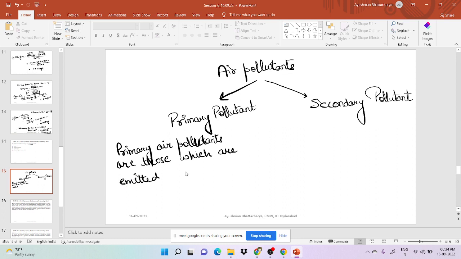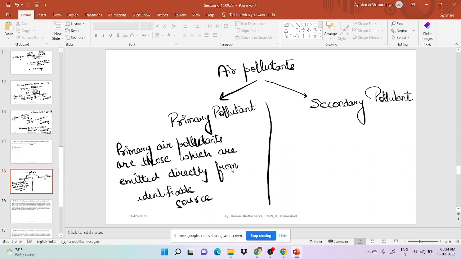Primary air pollutants are those which are emitted directly from identifiable sources. So this is the one thing: primary air pollutants are those which are emitted directly from the identifiable sources.